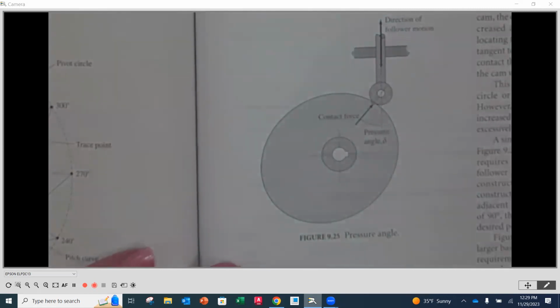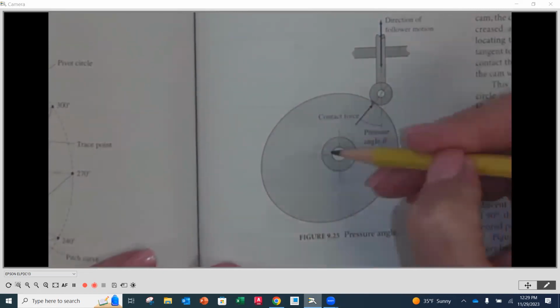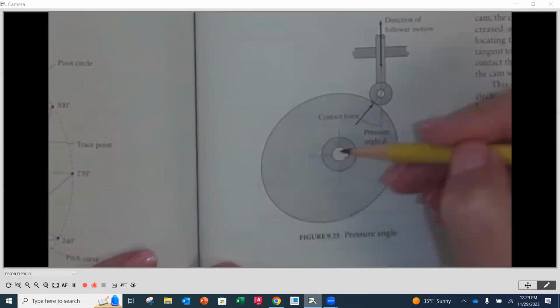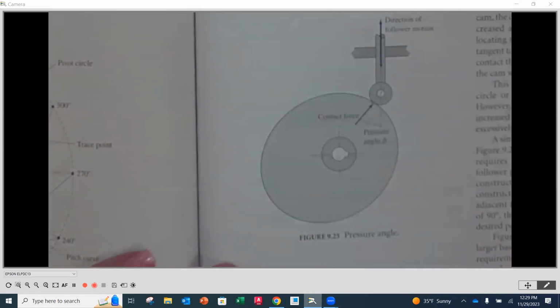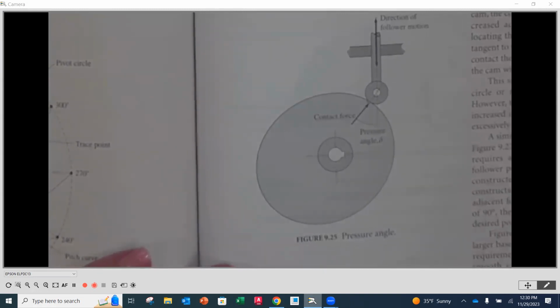Now, when we have an offset roller or offset follower, like we see here, and our force is not going through the center, we have a pressure angle that occurs. And that's the angle that they're saying not to exceed 30 degrees. Now, for slower moving applications it's usually not a problem, but it's faster moving applications that it can be a problem. And then there are some ways that you can correct that by changing the size of the base circle and minimizing the offset and things like that, if possible.